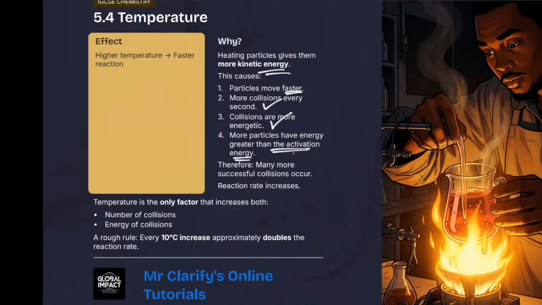So many more successful collisions will occur, and this increases the rate. Please, this factor they are showing you that it increases both number of collisions and energy of collisions. Most of these things we were learning were just increasing the number of collisions. This one will increase the number of collisions and the energy of collisions. Temperature? Yes.